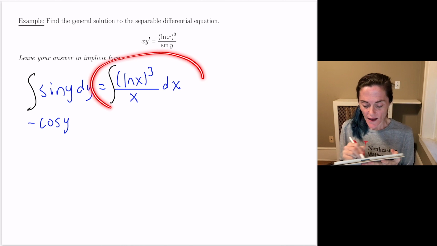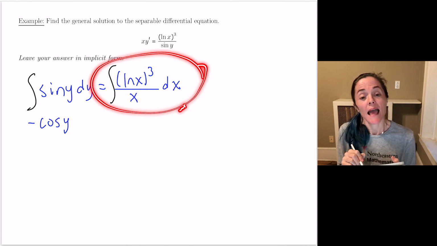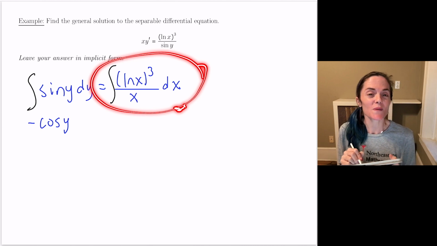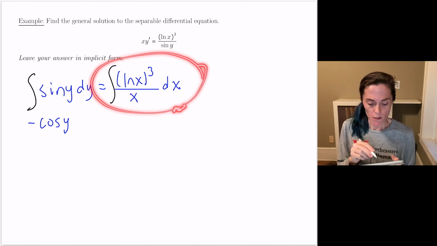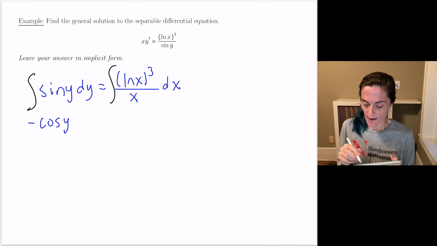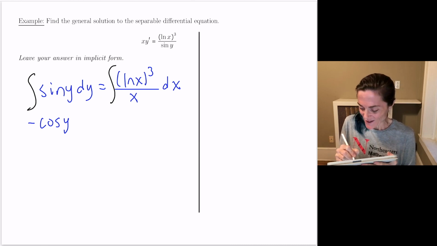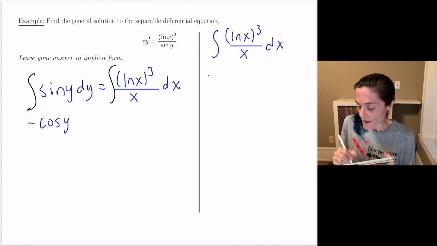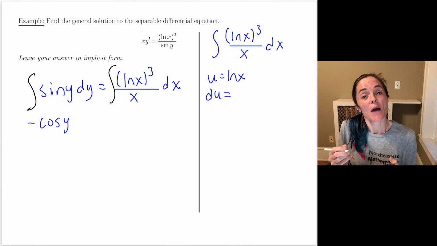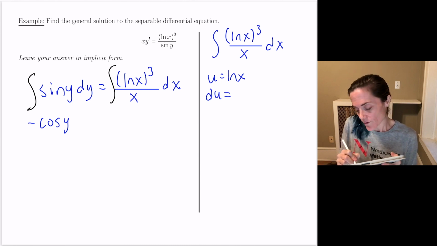But ask yourself, how do we integrate ln x cubed divided by x dx? Well, this would be substitution. So if we want, we can come to the side. I have plenty of room and integrate this function. We have u is the natural log of x. du, well, we take the derivative, 1 over x dx.